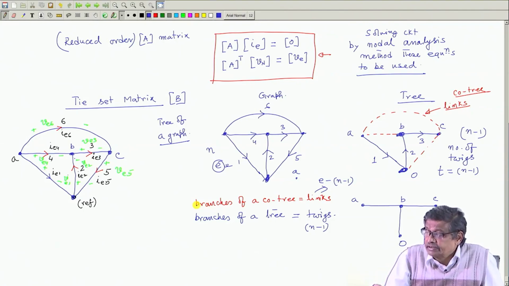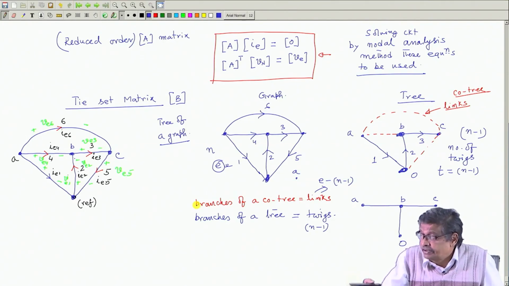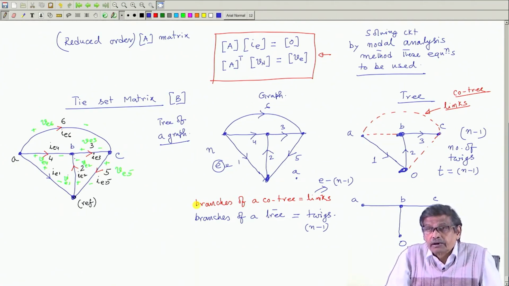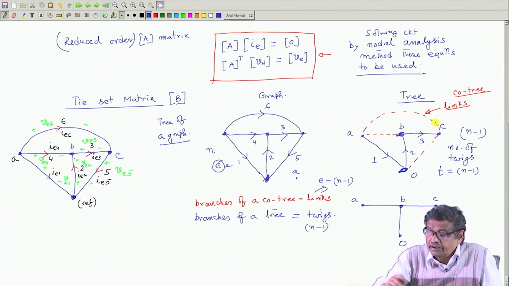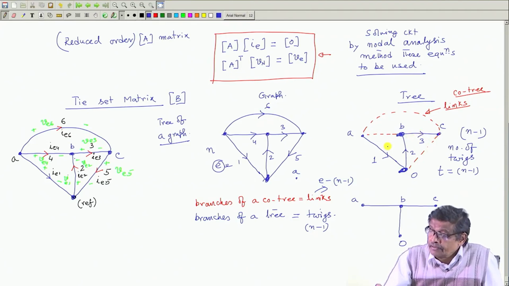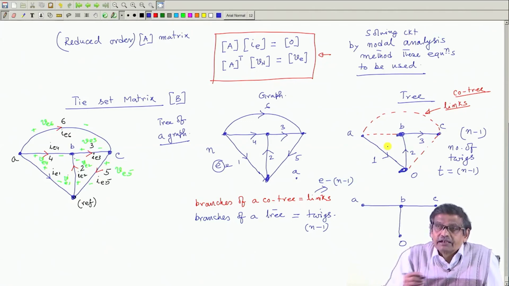The elements or edges which form a tree are given the name twigs, the number of twigs will be n minus 1, and the left out branches which I have discarded while constructing the tree are shown by these dotted red lines. This structure is called a cotree, this red portion only with the blue erased. Cotree plus tree is your original graph if you make all lines full.